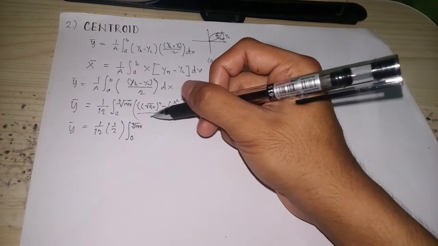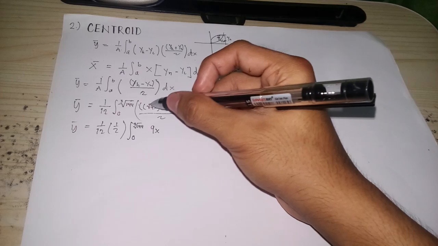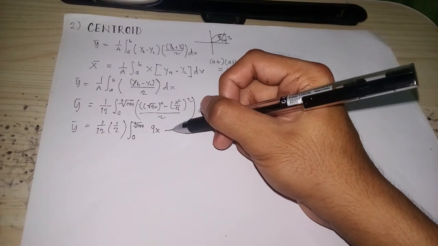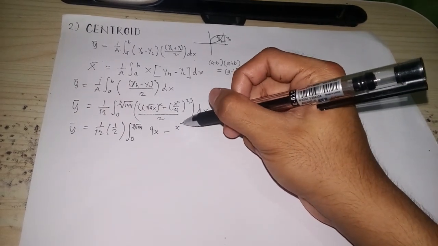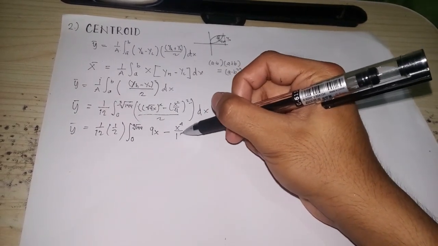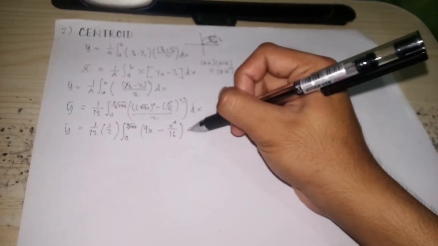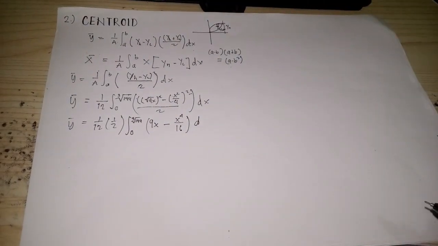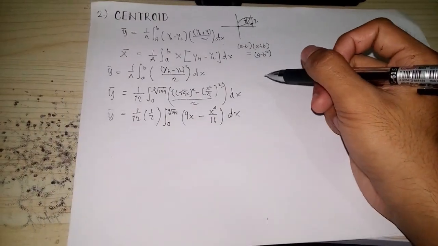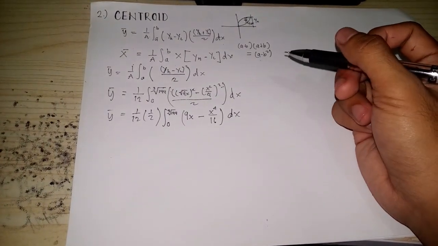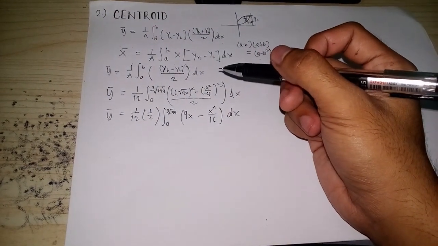Of course, this will become only 9x, since this and this will cancel out, and since we move already the 1/2 outside, this will become x raised to 4 over 16, since 4 times 4 is 16, right? dx. So now what is our next step? Now let us integrate.